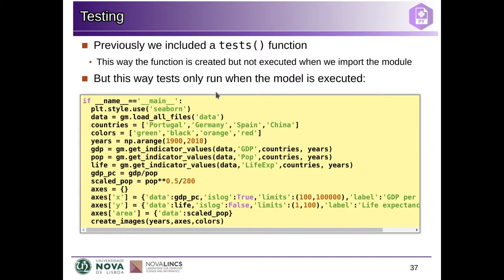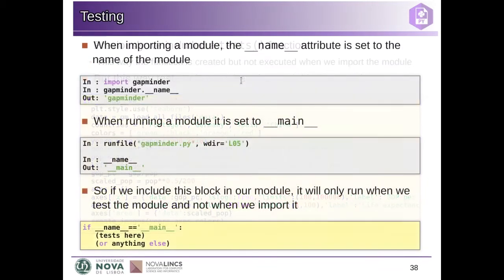But there is a different way of doing this, which is to use this condition to check if the name of your module is main. When a module is run, when you run with F5, for example, then the name of the module will be main.